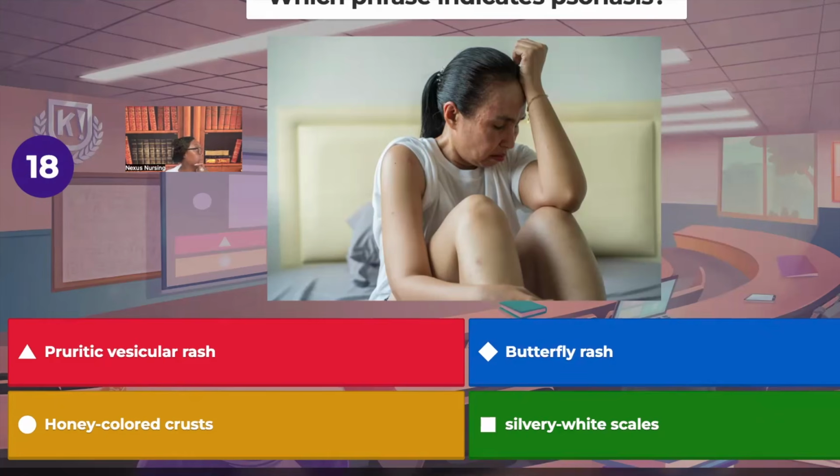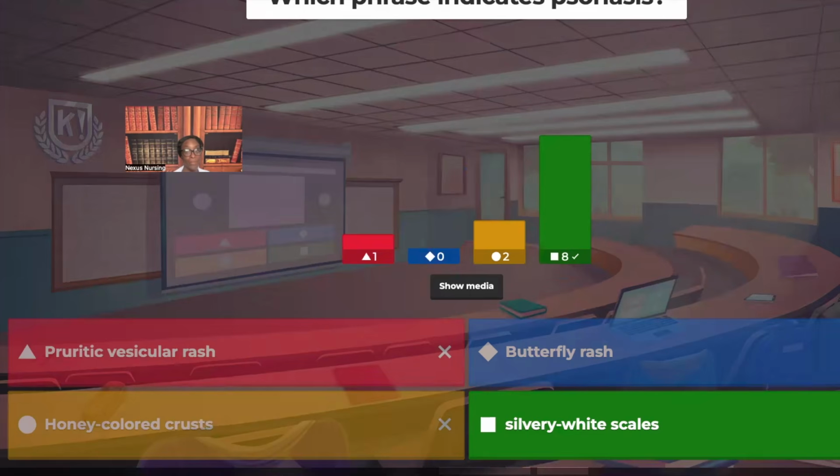What is it, guys? Tell me on the live. Very good. Silvery white scales. The minute you see silvery white scales, you know they're talking about psoriasis.